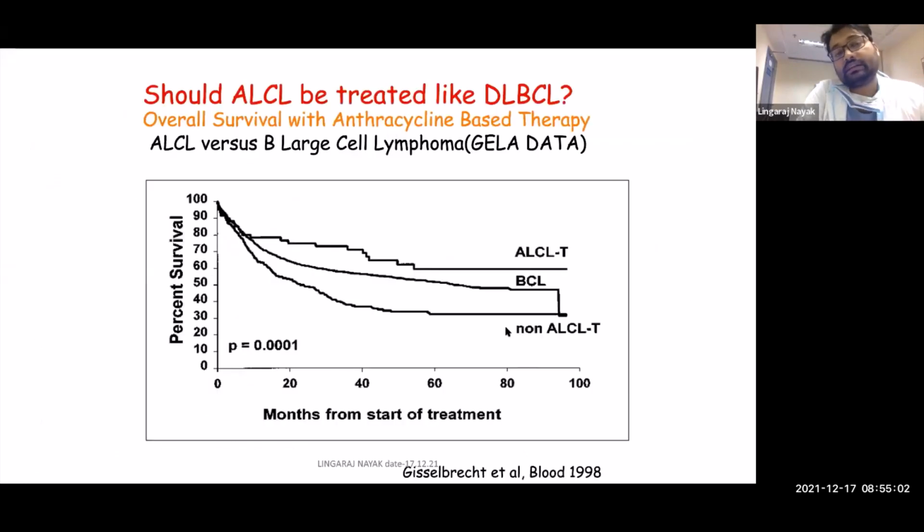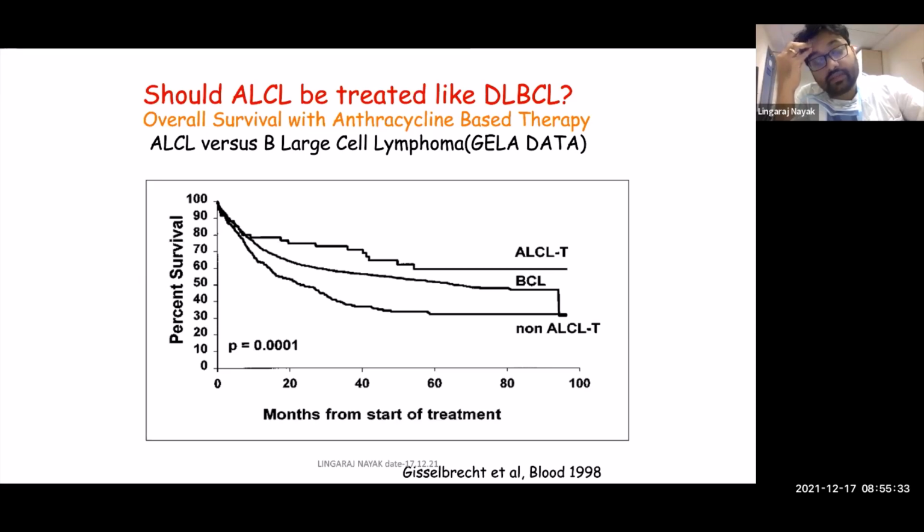Now, systematically, in a prospective way, it was first studied by the GELA group, the Belgium and French group, where they had quite a few phase 2 and phase 3 data on use of various chemotherapeutic regimens in both B and T cell lymphomas. This is a Blood paper from 1998, and this was the time people used to use intensive therapy even in B cell lymphomas.